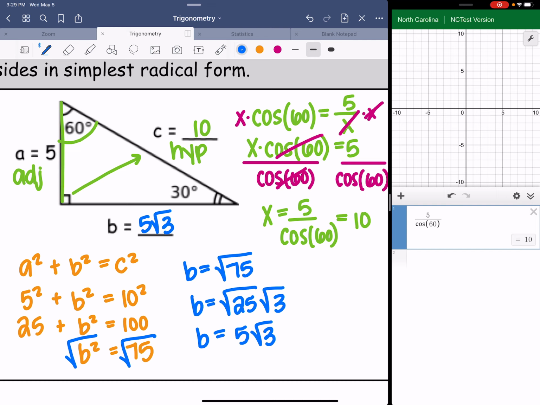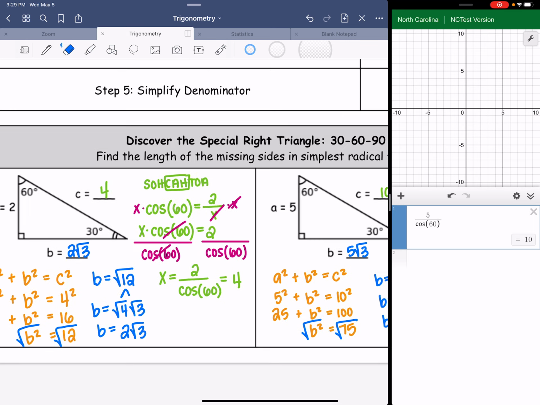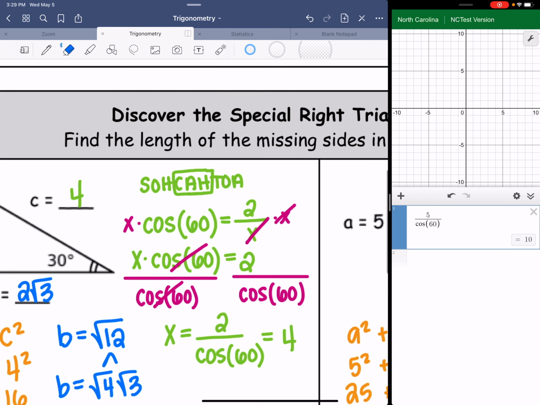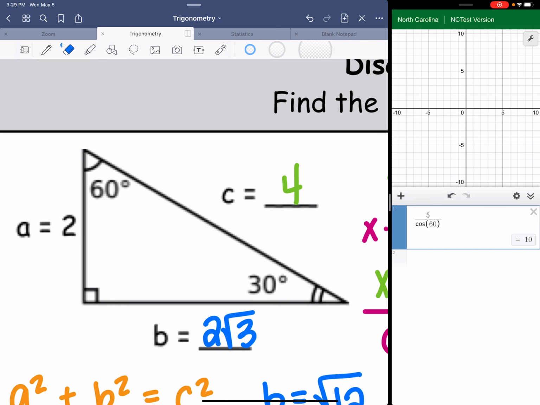Right, now to give us kind of a clear picture, I'm going to erase what I drew on top of my triangle. I want us to look at both of those triangles. Okay, so just look at this one. Look at the sides. The short side was 2, the hypotenuse was 4, and the long side was 2 square root of 3.